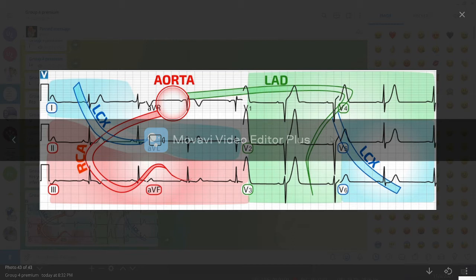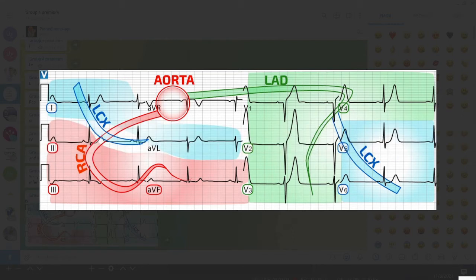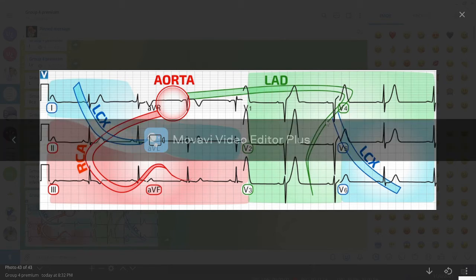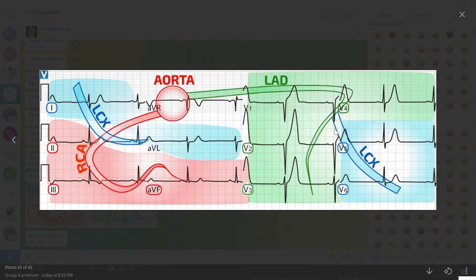He will have ST segment elevation in which two leads? Write me, please. If the occlusion was here, where will the ST segment elevation occur? The occlusion is not at the left circumflex, the occlusion is just here. So it will be at V2, V3, because V2, V3 are supplied by this one.